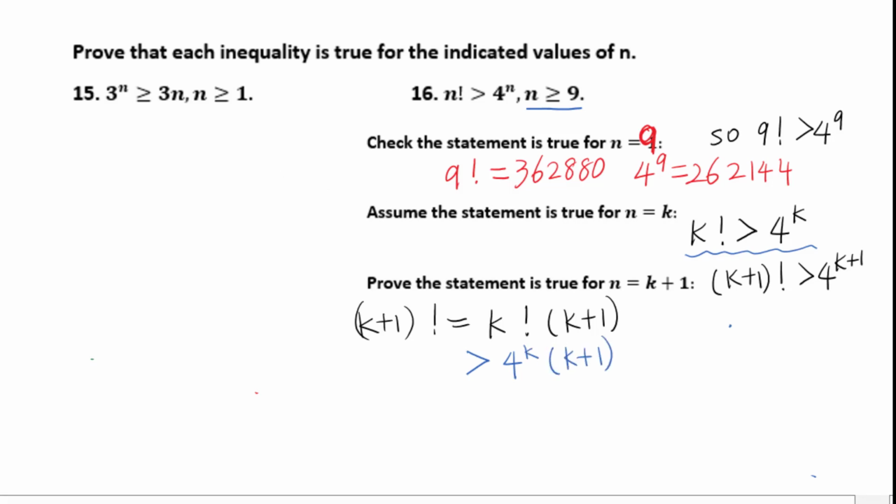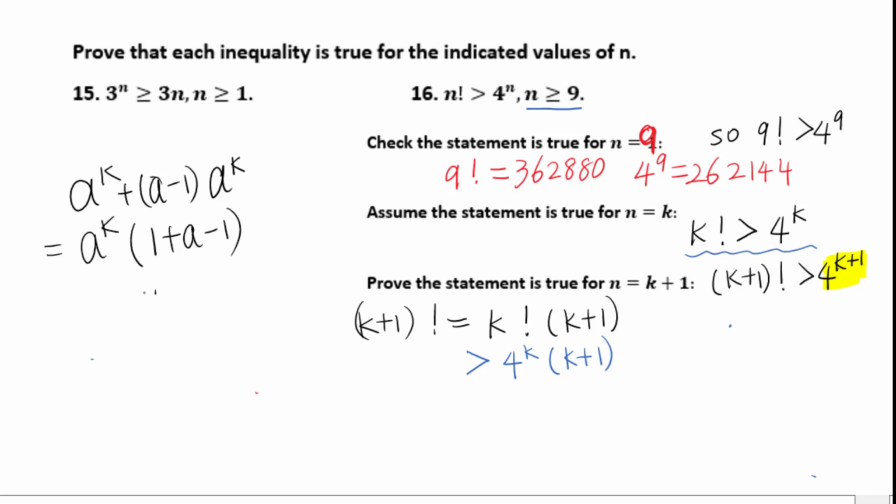We want to create 4 to the k plus 1's power. Remember, here's the rule: a to the k's power plus a minus 1 times a to the k's power equals, we take a to the k's power out, then we have 1 plus a minus 1.